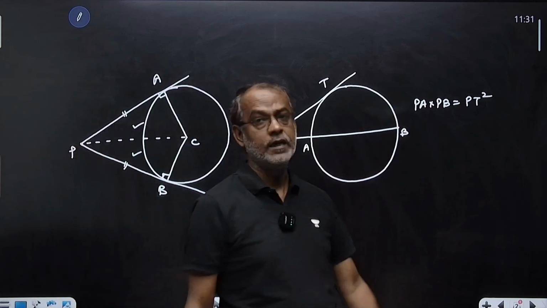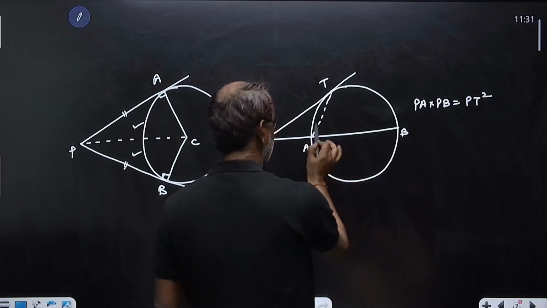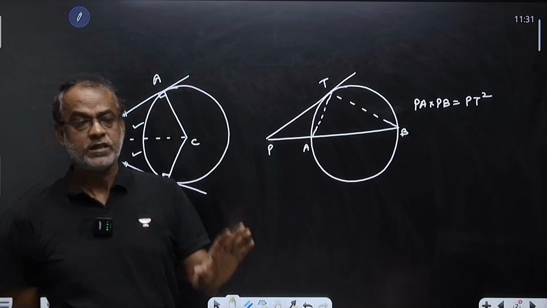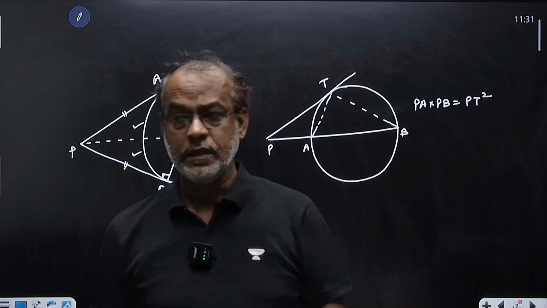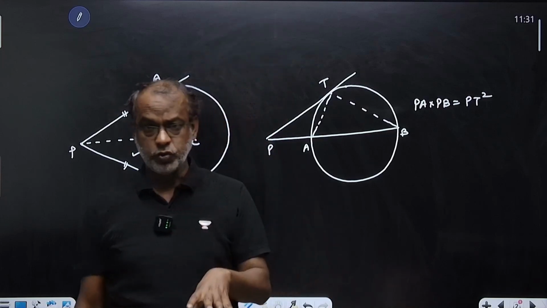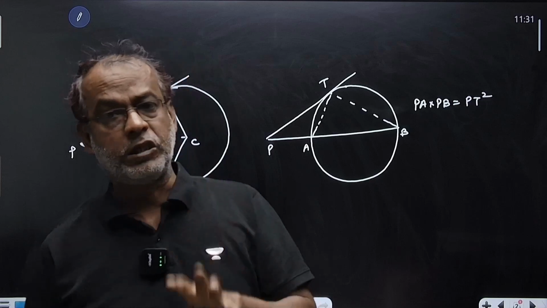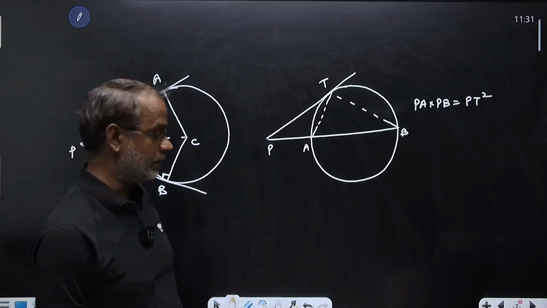PA into PB is equal to PT square is something that we did using similar triangles, if you recall. This is something that has been constantly asked, and you should try to correlate problems given with the situations that we are dealing with.